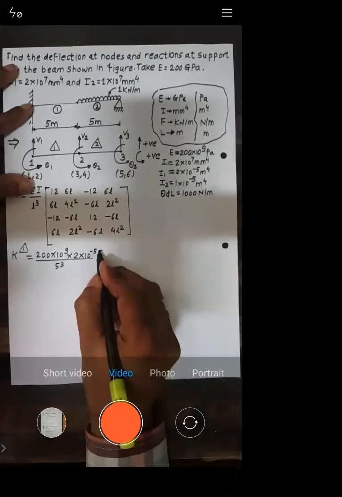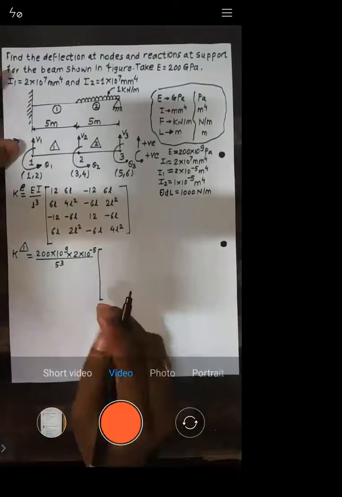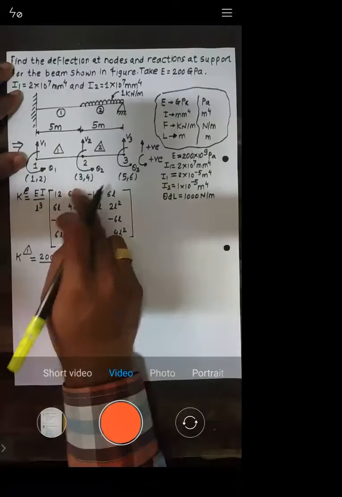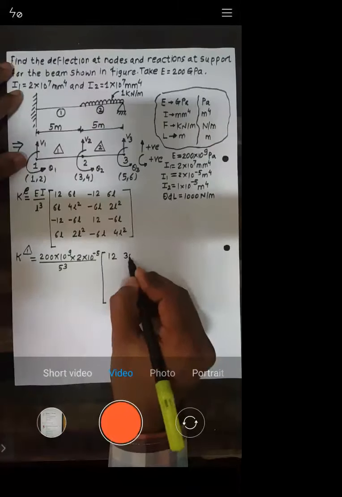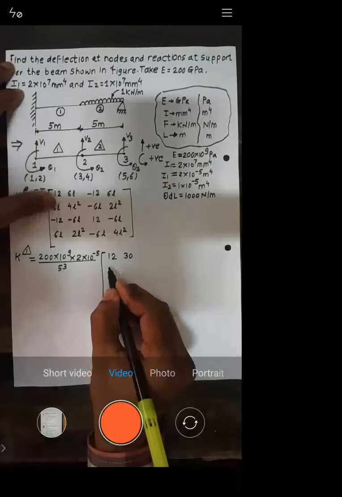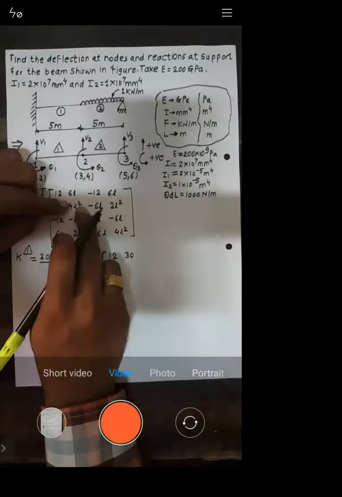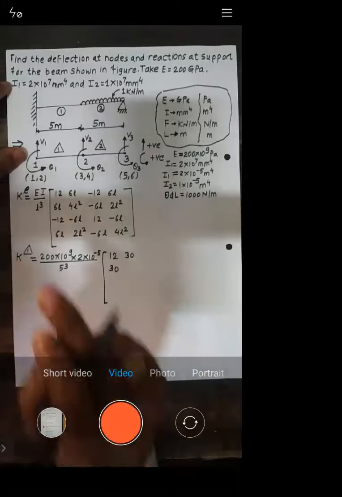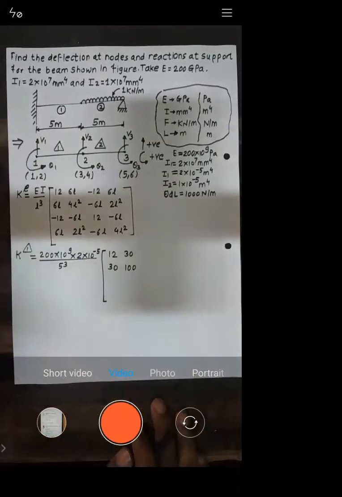In the multiplication you have 12, then 6 into L, that is 6 into 5 is 30. Again 6 into L is 30. Now L square is 5 square, which is 25, and 25 into 4 is 100. Let me know, is it okay or not?